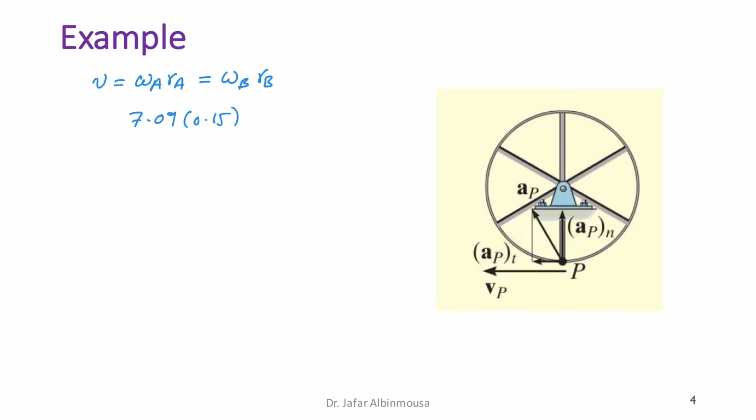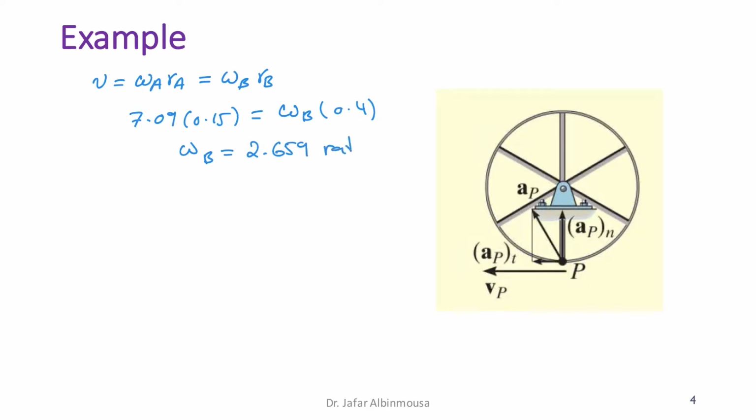That's the angular velocity of A, which is the pulley, multiplied by its radius 0.15, which is equal to omega B multiplied by 0.4. That's for the wheel.